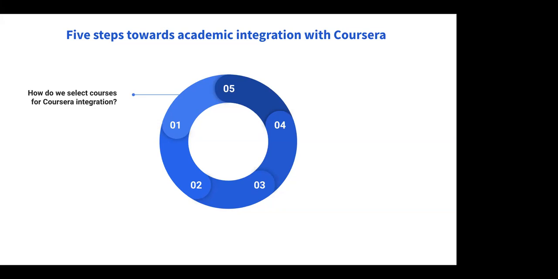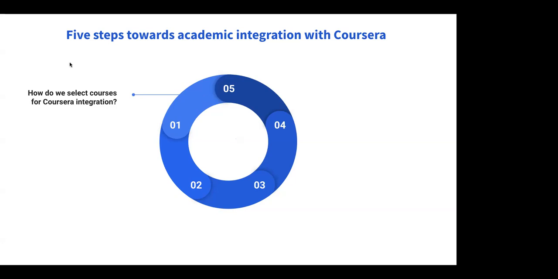What faculty members usually do is they select some of the courses from the Coursera catalog which they think can supplement what they are already teaching in the classroom. These courses act as additional learning for your students, and they are integrated with your curriculum.